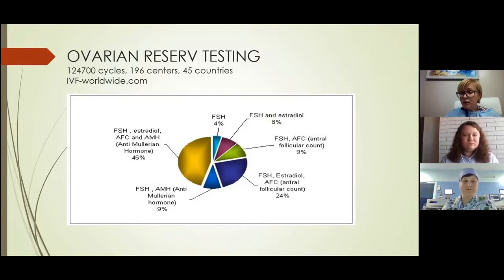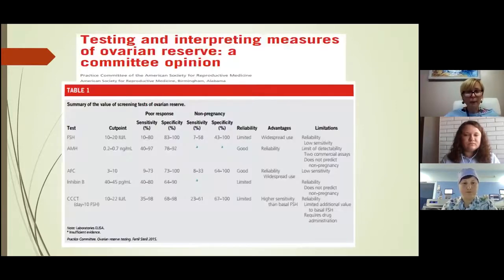They asked doctors which kind of tests they prefer for ovarian reserve testing, and this is the diagram. You can see that most gynecologists use FSH alone or FSH with other markers to identify ovarian reserve. So it is very useful and very common to use this marker.